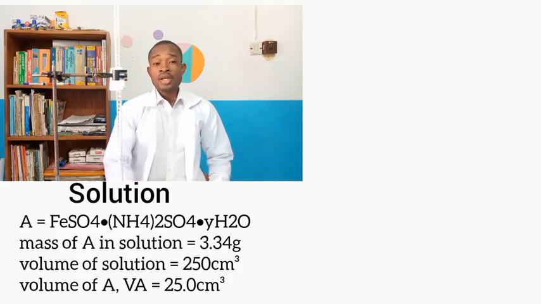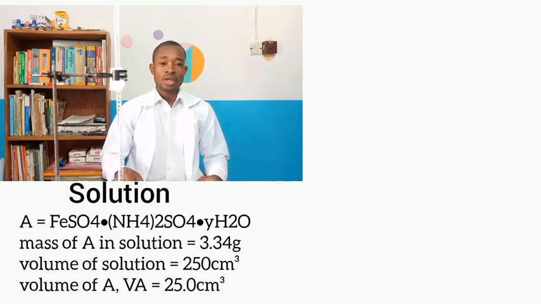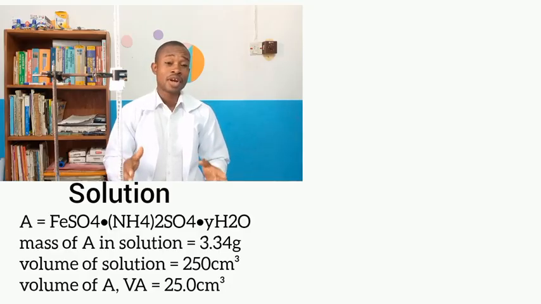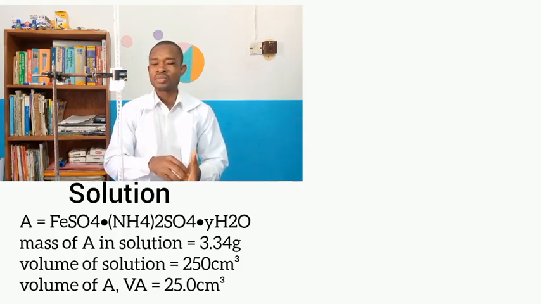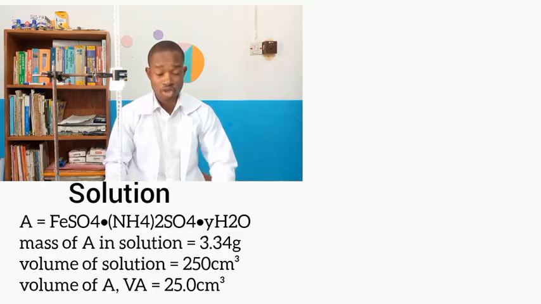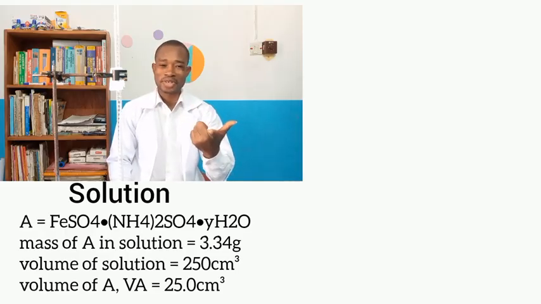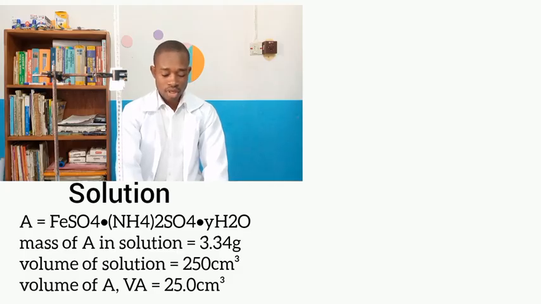Now the mass of ammonium iron 2 sulfate given in the instruction was 3.34 grams. This was the mass that was dissolved in 250 cubic centimeter of solution in order to obtain the mass concentration of this A, which is ammonium iron 2 sulfate.